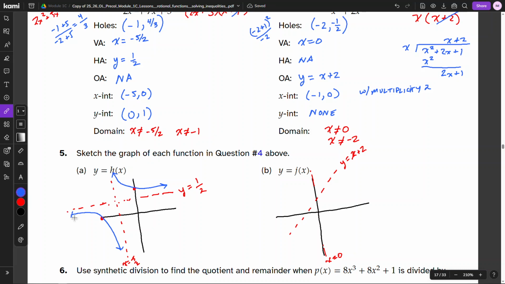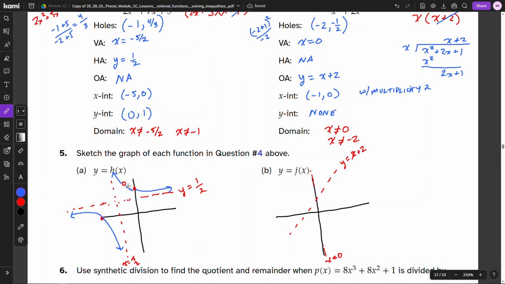So there's my first graph. But I have to be careful. I had a hole at negative 1, 4/3. So that hole at negative 1, 4/3, I've got to be able to come in and graph. That hole is going to be somewhere over here. So I'm going to go ahead and draw in the hole and then set up to finish my graph.